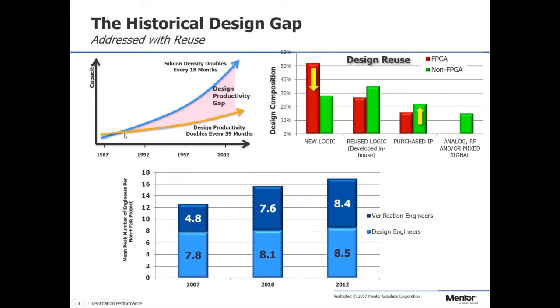And then we were looking at the productivity curve of designers, and there was this thought that there was going to be an upcoming design productivity gap. Well, it turns out that engineers are quite clever. We can just say, hey, we've got a bigger device, let's take these two independent FPGAs and combine them into one. We can put 4 channels of our filter on there instead of 2.